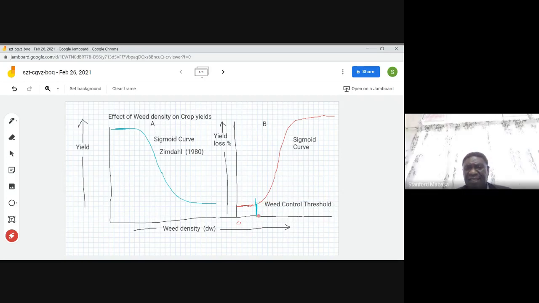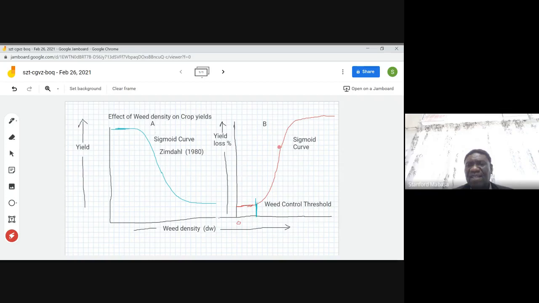In other words, there's a density which is very special, if we know it, which can tell us when to start weeding or when to impose weed control, or we may choose not to control weeds. And this is what is termed the weed control threshold. You can only obtain the weed control threshold by plotting a graph showing weed density plotted against yield loss.